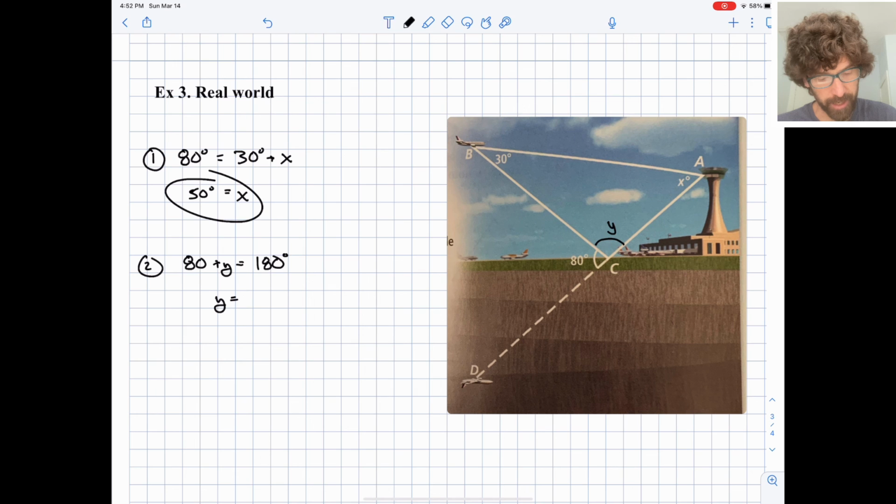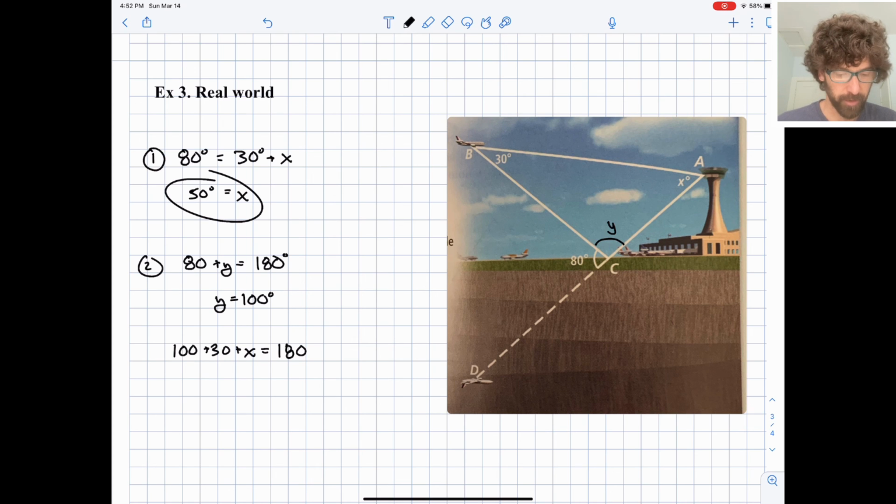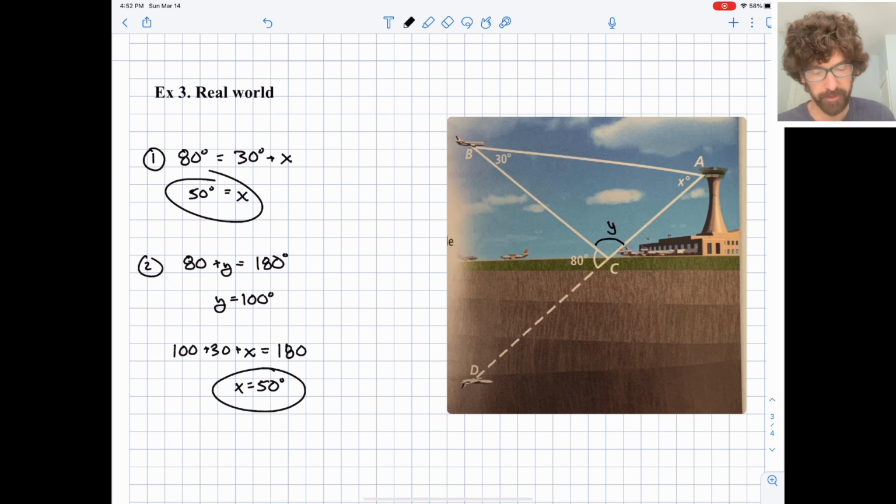That means that y has a measure of 100 degrees. And then next we can remember, again, you should always remember that the angles in a triangle sum to 180. So we can say that 100 degrees plus 30 degrees plus x is 180 degrees. And we can subtract from both sides, and we would also get a check that x is equal to 50 degrees. So two ways of solving that problem.